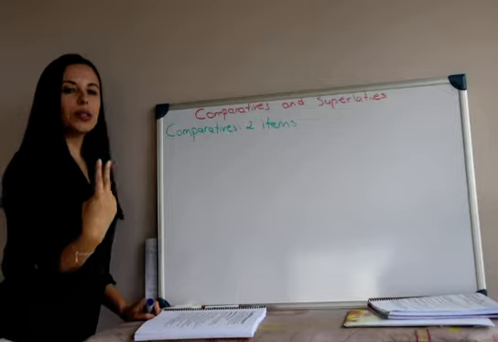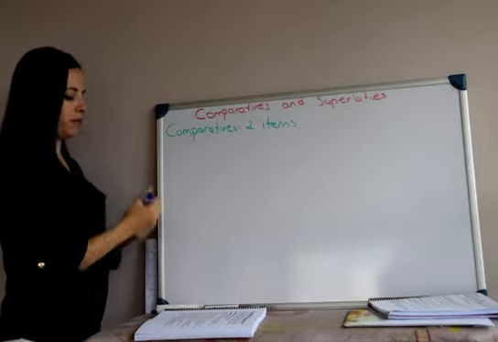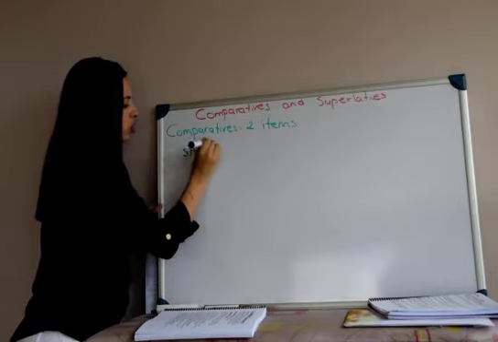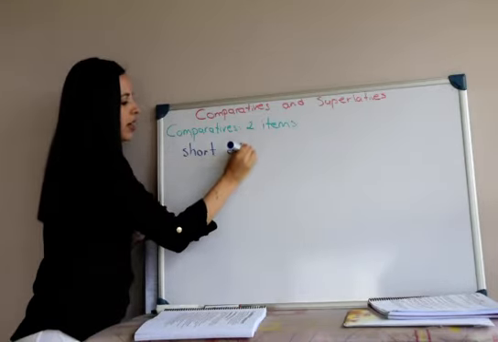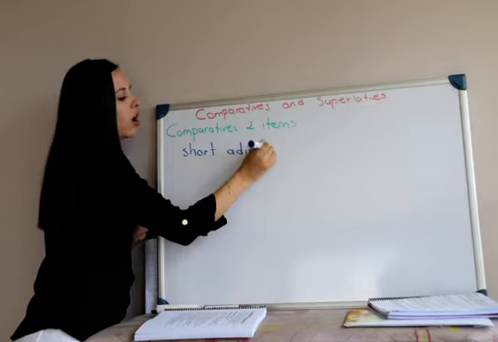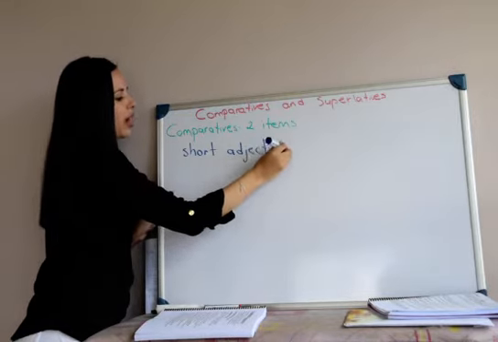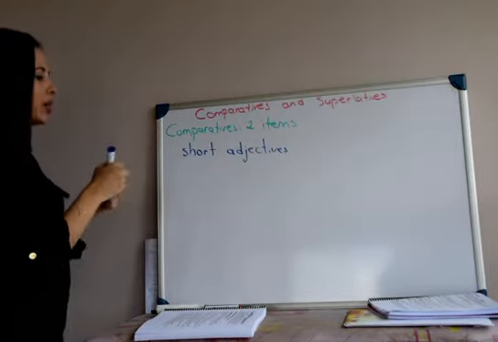And there are two different structures for comparatives. One is for short adjectives, and the other one is for long adjectives. But we're going to start with the short adjectives. What is a short adjective?